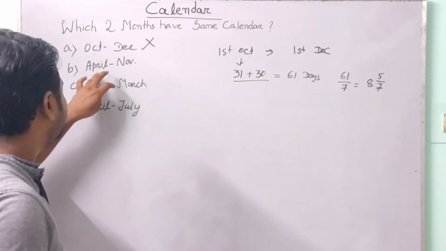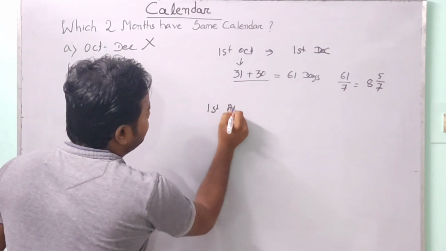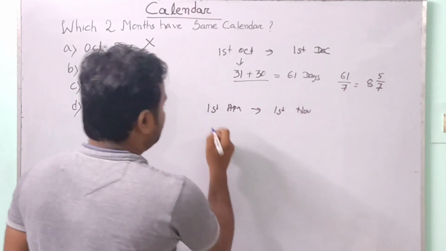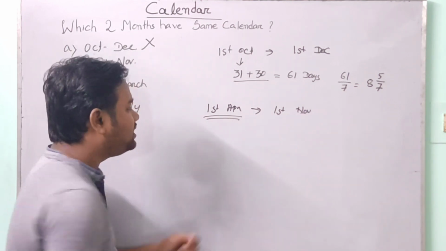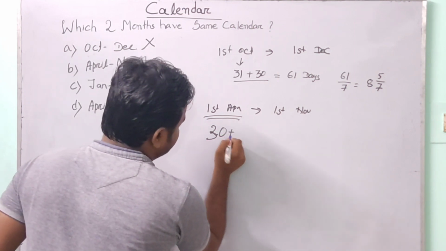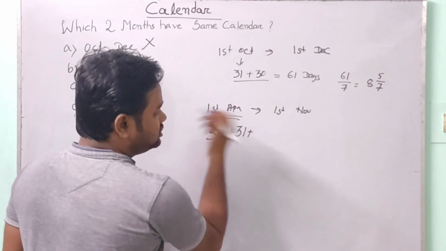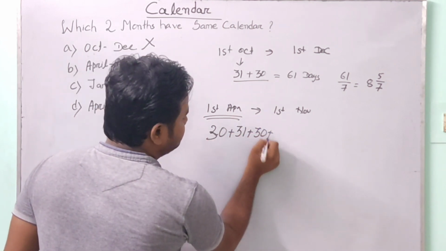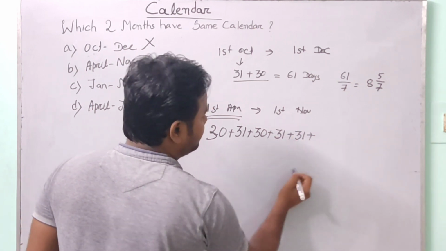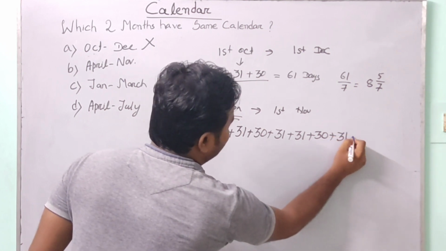The next option is April and November. Now we have to count 1st April till 1st November. April has 30 days. Next May 31 days, June 30, July 31, August 31, September 30, October 31 days.